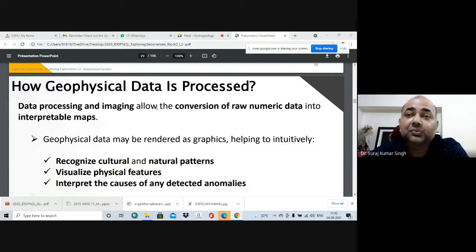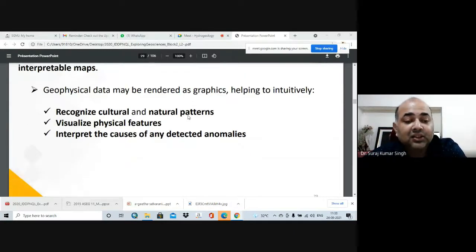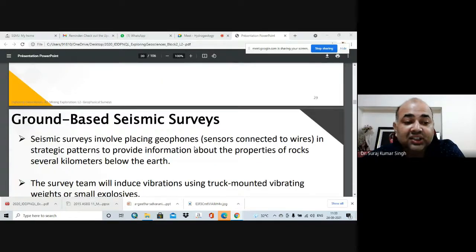You have to make the data ready and interpretable so that every person, even my father, can understand what I am trying to say. And that can happen if you are normalizing the data sets. So you have to recognize the cultural and natural patterns, visualize the physical features, and interpret the causes of anomalies in that area.